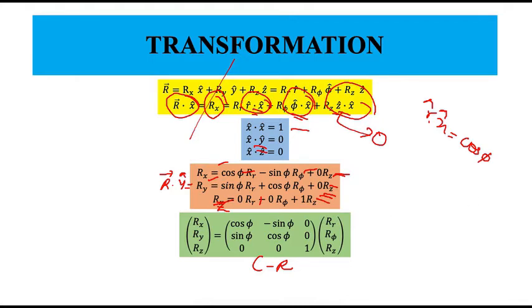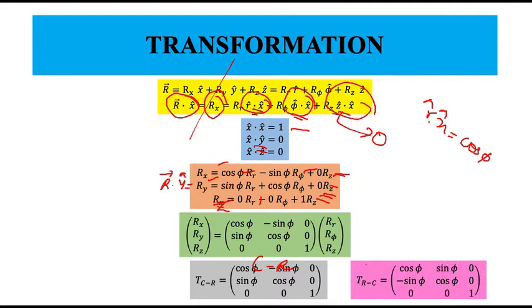If you are interested in the corresponding transformation from rectangular to cylindrical, you can show that the transformation is nothing but the inverse of this matrix TCR, and it will be equal to cos phi, sin phi, 0; minus sin phi, cos phi, 0; 0, 0, 1.